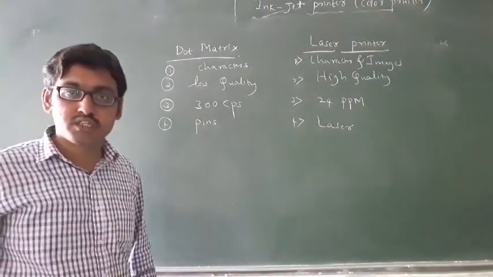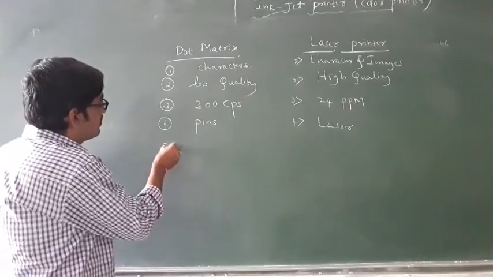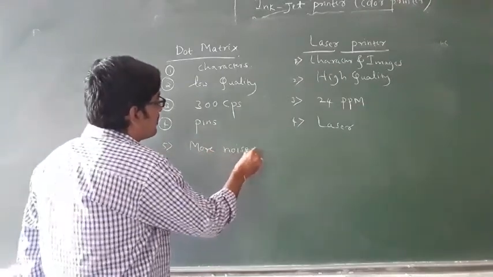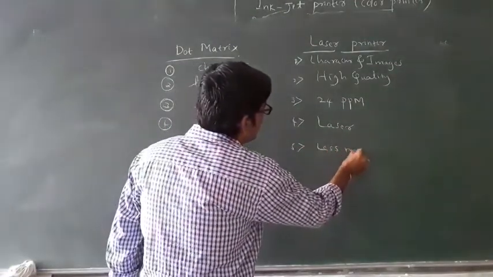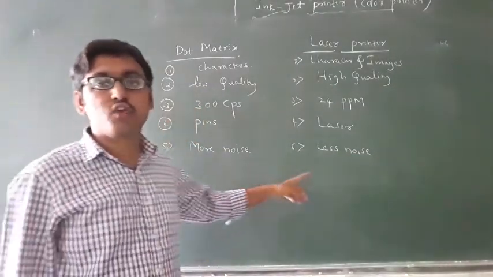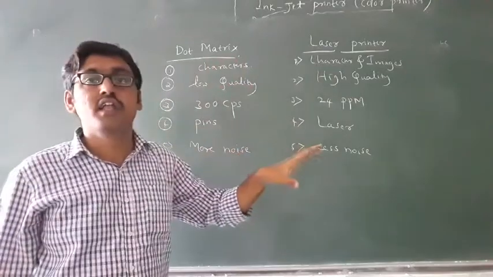Dot matrix produces more noise, laser produces less noise. Wear and tear is more in dot matrix and less in laser. These are the differences between a dot matrix and a laser printer.